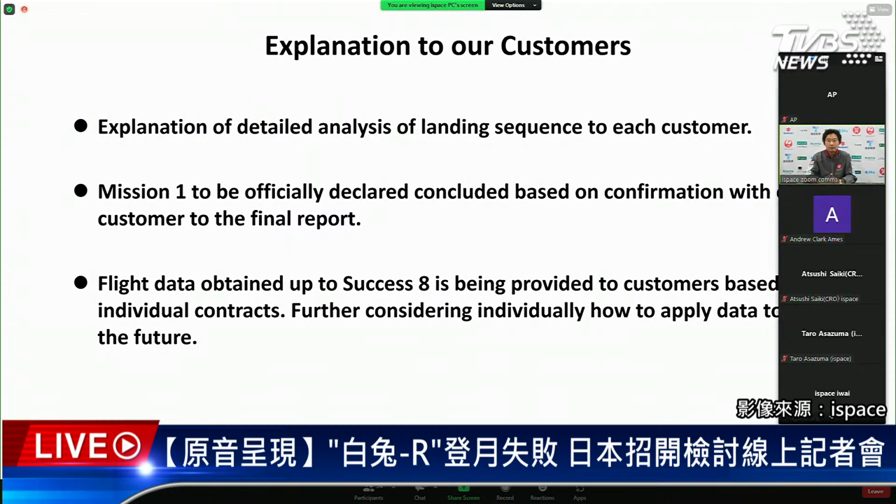We have obtained a lot of flight data, up to Success 8 and almost Success 9. This data will be provided to the customers based on individual contracts. Further, we have been discussing individually with customers how to utilize this data for future missions.